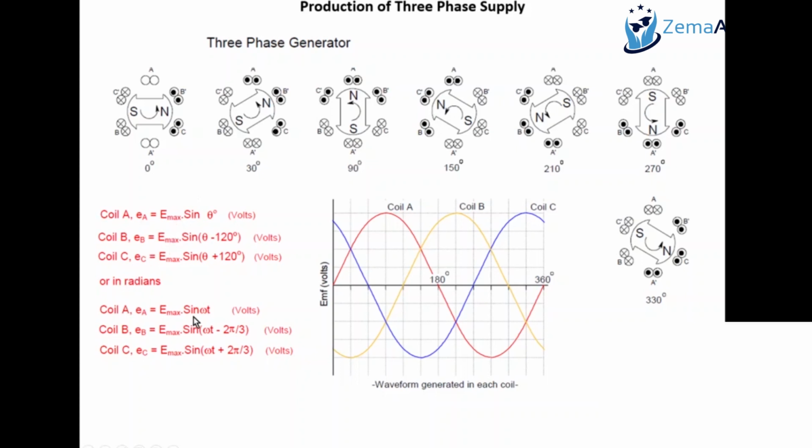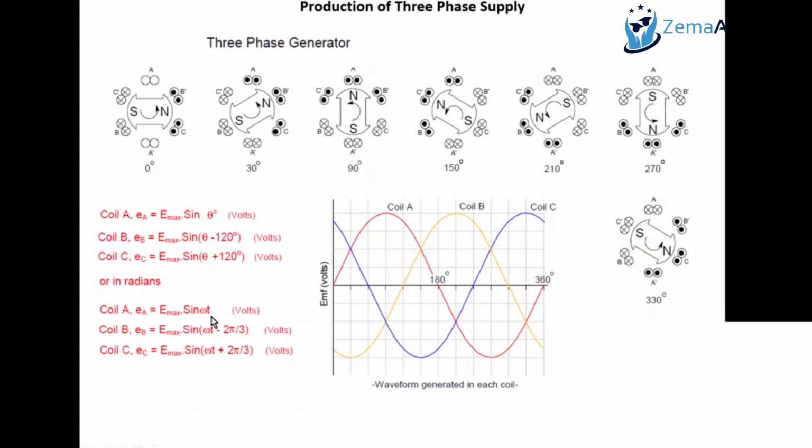But in case you are interested in angular or radians, then your equations can be represented as Emax sine of omega t. Now here omega is 2 pi f, angular velocity, and this t is the time at which you are interested to calculate the instant voltage.